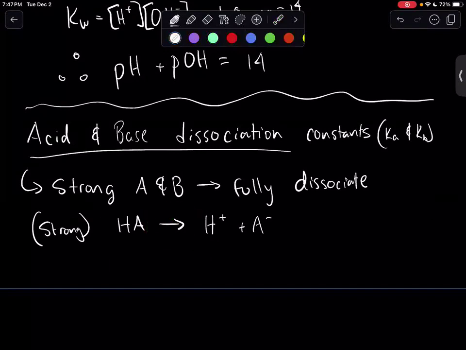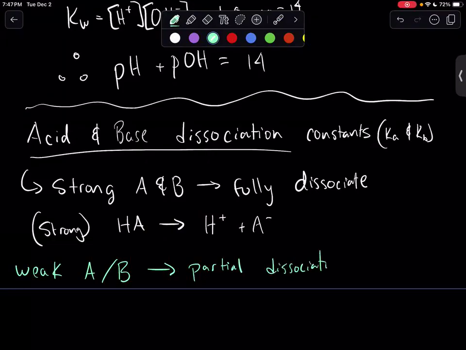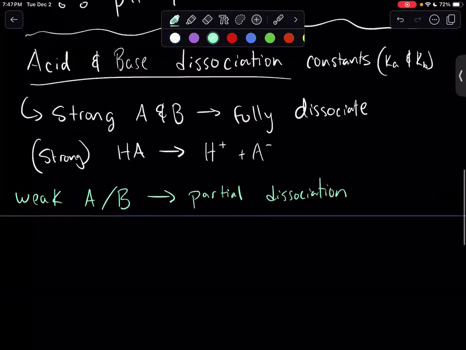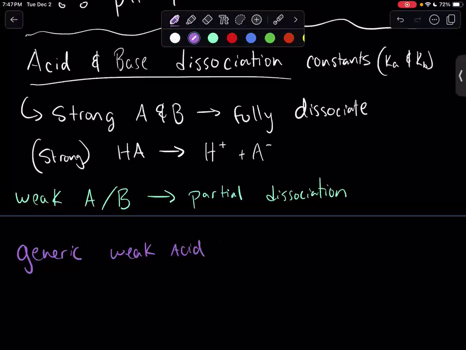The thing is, when we have a weak acid or base, then we get a partial dissociation. So if we're looking at some generic weak acid, we'll represent that now.